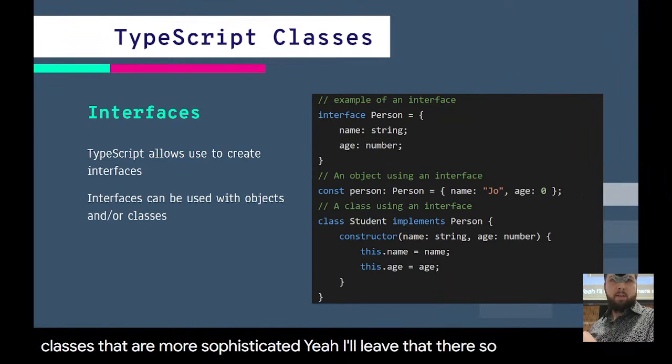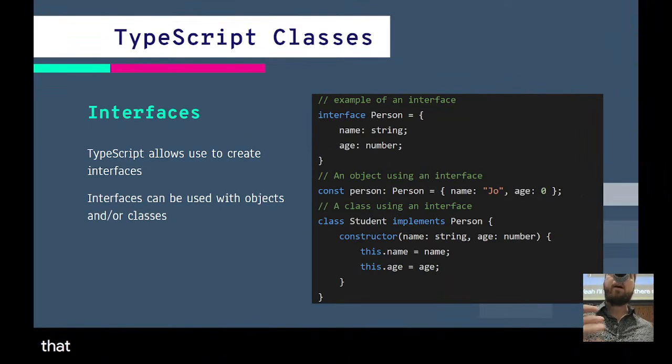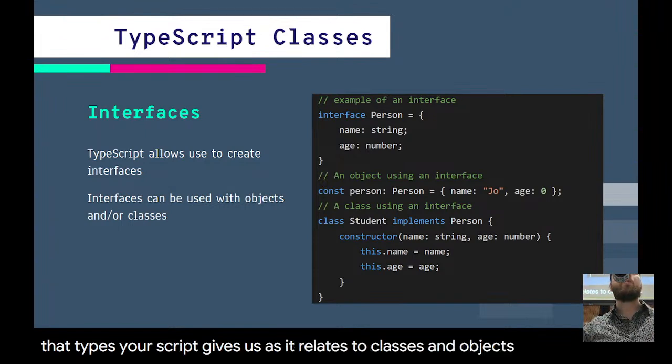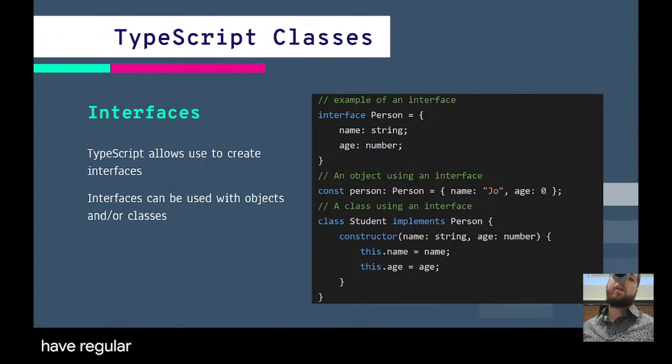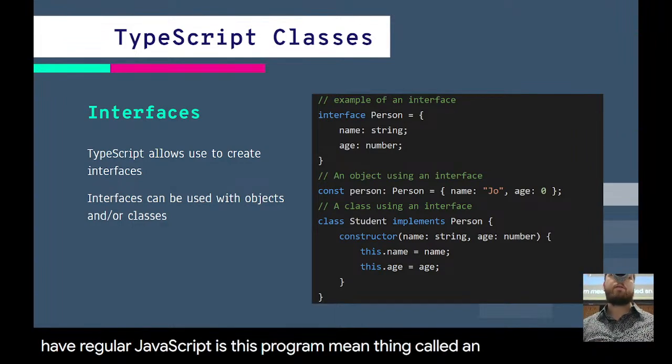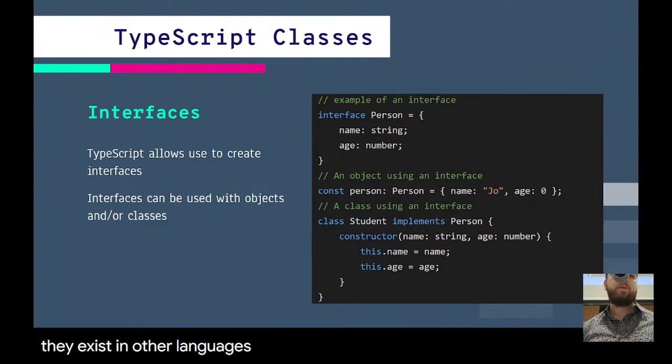So the other thing that TypeScript gives us as it relates to classes and objects that we don't have with regular JavaScript is this programming thing called an interface. Interfaces exist in other languages. And with TypeScript, we have the ability to use them for classes and objects.